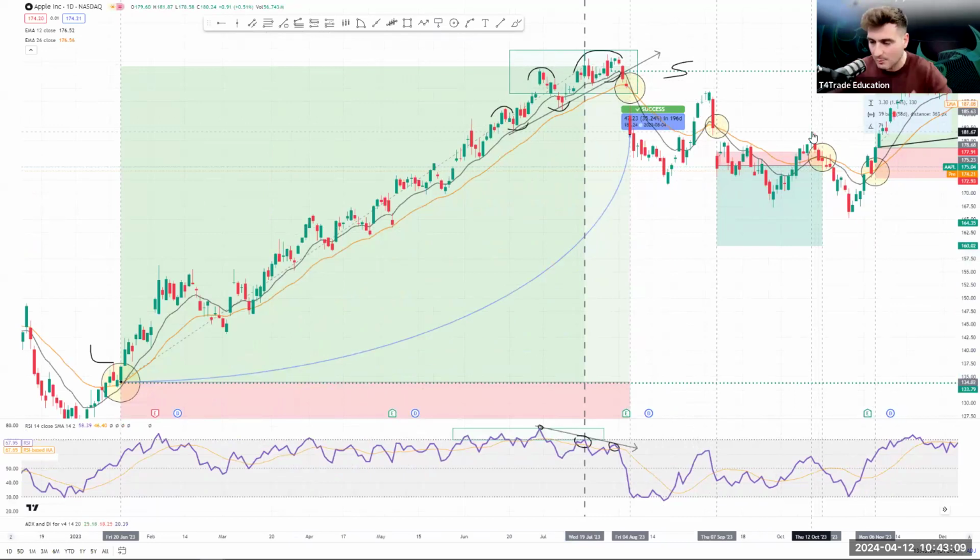I'm using the same parameters to enter the position, whereas with the two moving average strategy, I'm using RSI to look for a signal of divergence for me to exit my position, time it, and get as many gains as possible, leaving less money on the table compared to what I could have gotten while using solely the two moving average strategy.